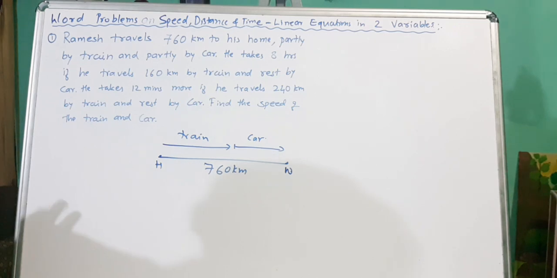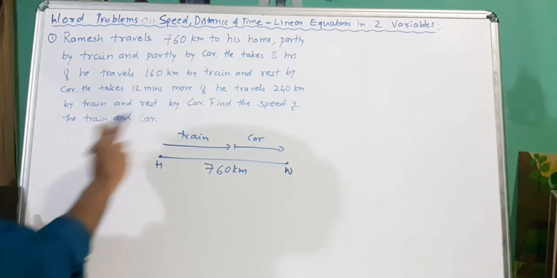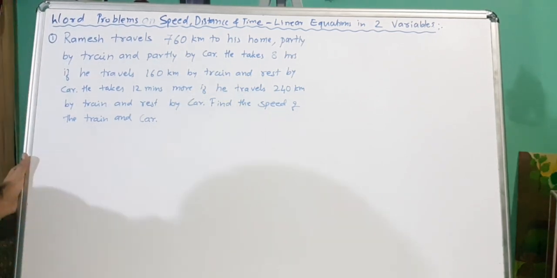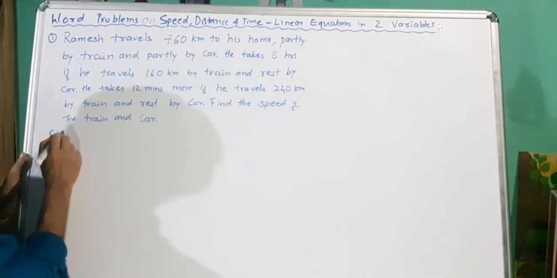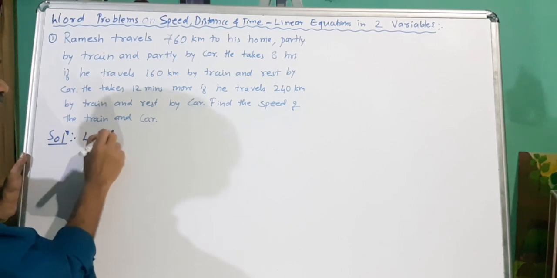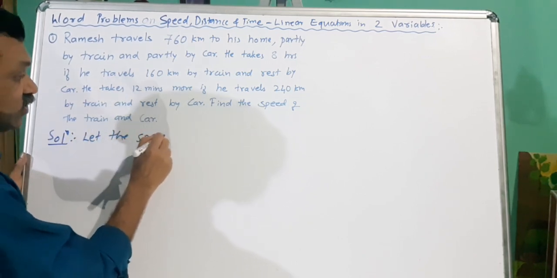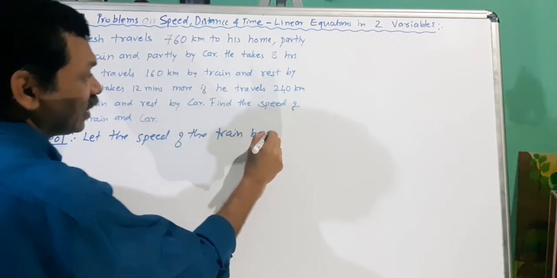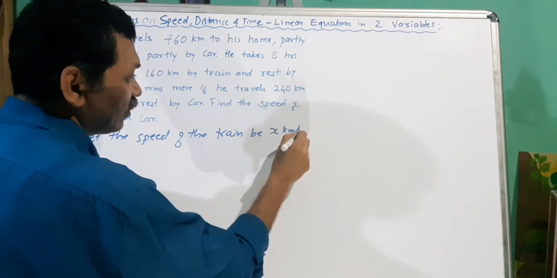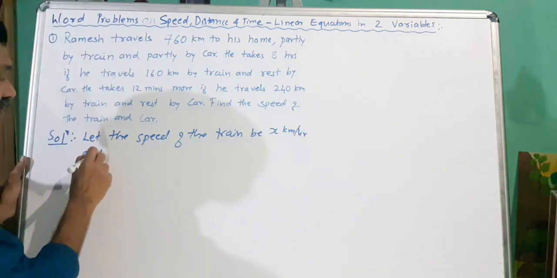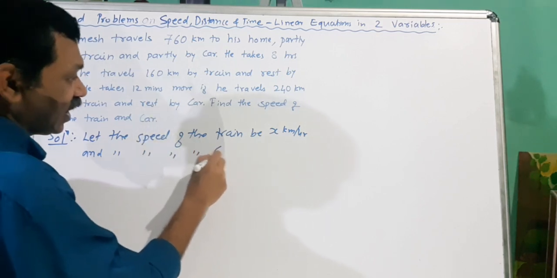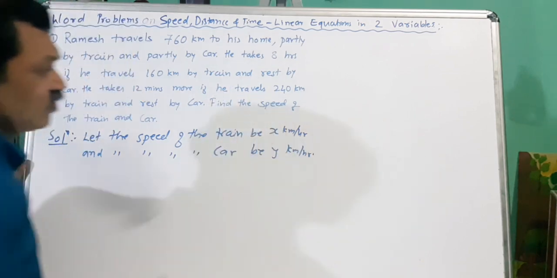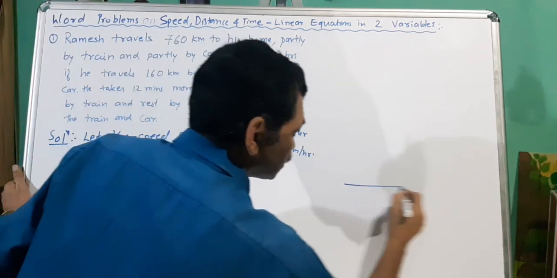So normally, whatever we are asked, we take it as a variable. Let the speed of the train be x km per hour and the speed of the car be y km per hour.